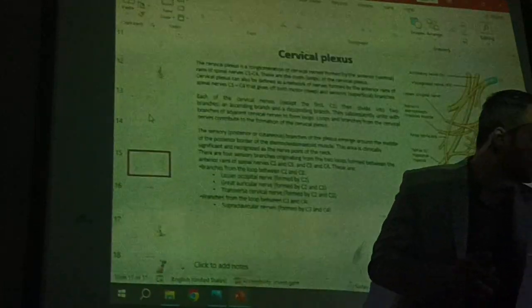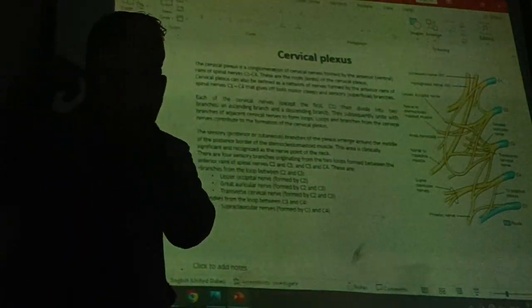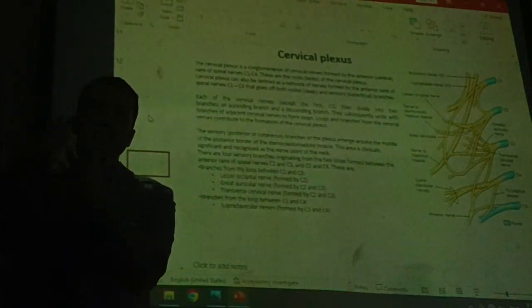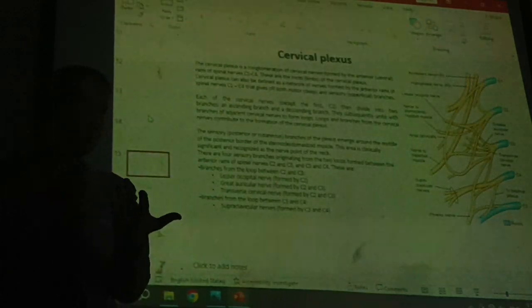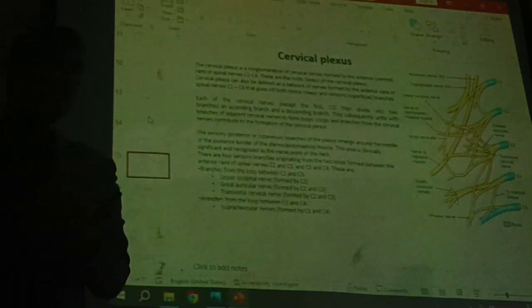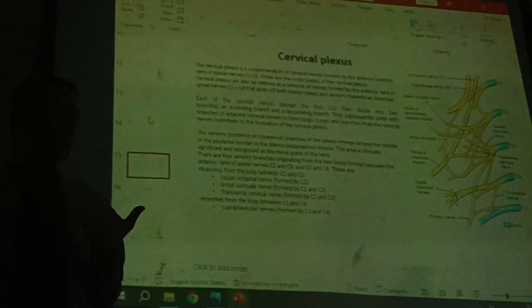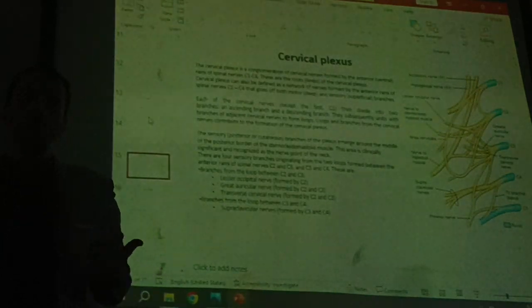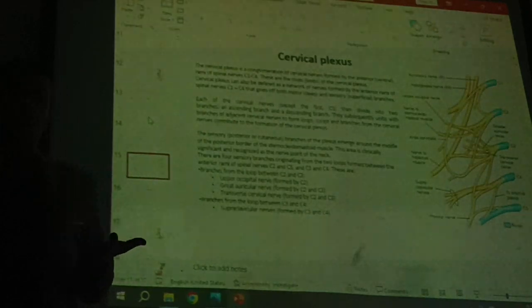I forgot to say that I am teaching you the structure of the SCM level by level, from superficial to deep. Okay? So, the ansa cervicalis is located deep to the SCM. Cutaneous branches are located anterior to the SCM.